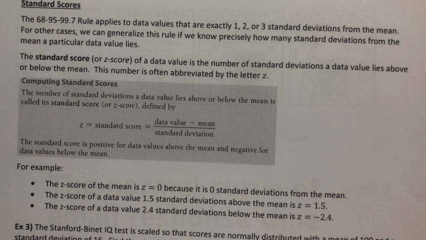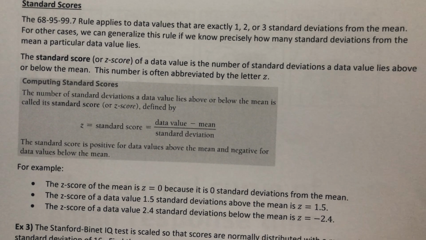If you have a z-score of 1.5, that means you are 1.5 standard deviations above the mean. And if you have a negative score, say negative 2.4, then you are 2.4 standard deviations below the mean. You can have positive scores, that's above the mean, and negative scores, below the mean.